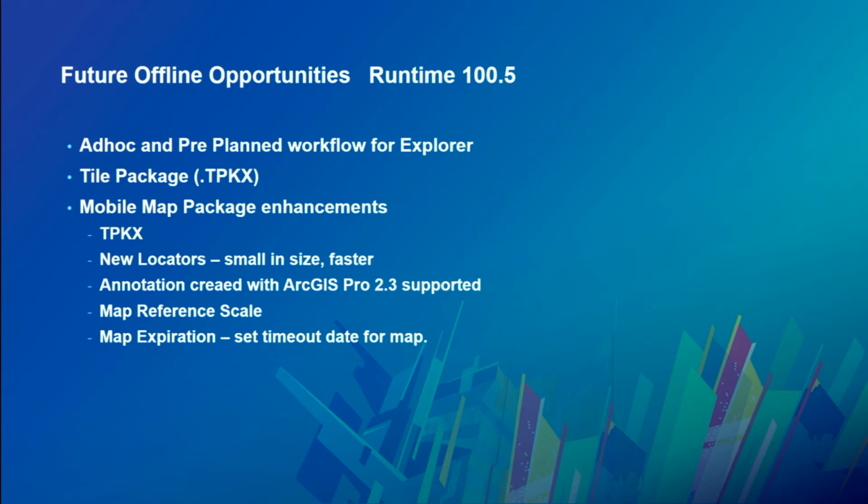What map expiration will allow you to do is set timeouts for the map. So if you think about that anonymous use case, we have a lot of people that want to share map information with people who are not a member of their organization. A lot of times these people are contractors that are just hired for a temporary amount of time to get some work done. Once that contract is over, the map times out and the information is no longer available to them.